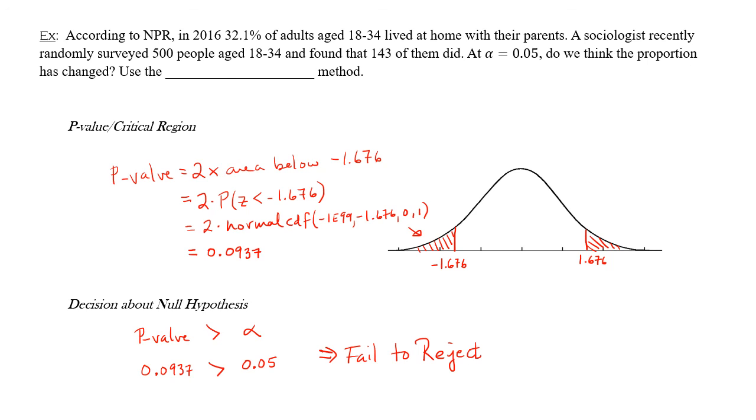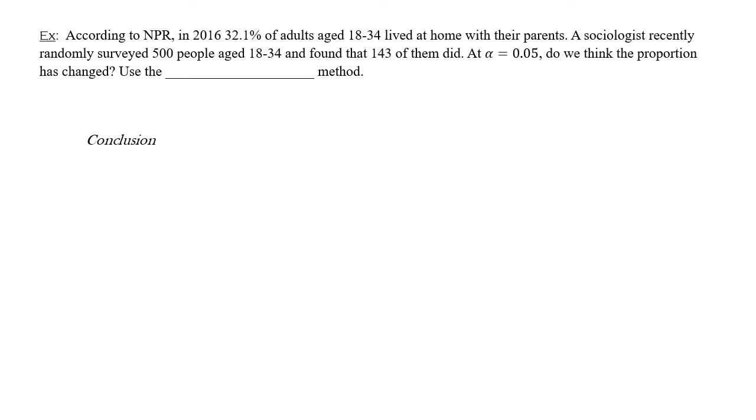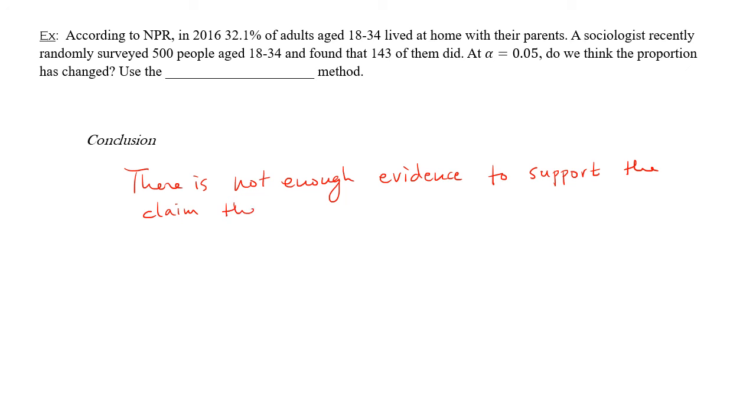And the way we want to draw our conclusion here is that since we failed to reject, we would say that there's not enough evidence to support the claim that p is not equal to 0.321.